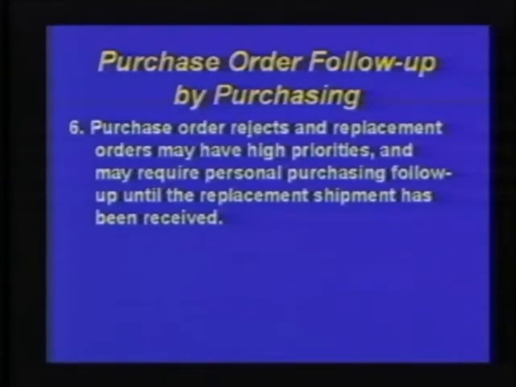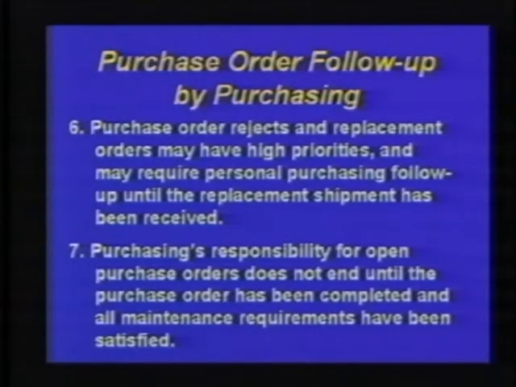Step number 6, purchasing order rejects and replacement should have the highest priority and may require personal follow-up by purchasing to get a replenishment delivery as soon as possible in order to meet the due dates of both planned and unplanned work orders.